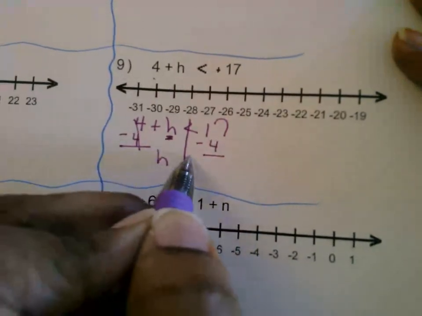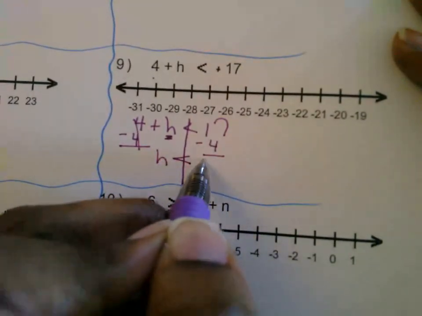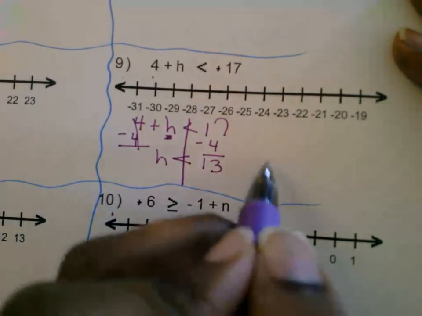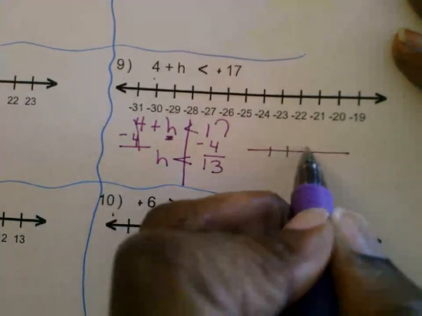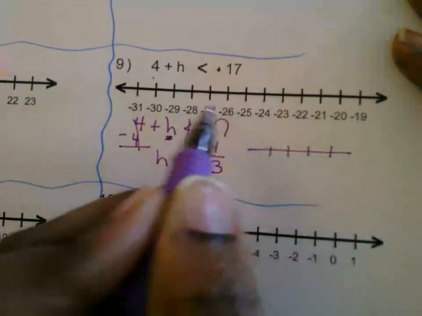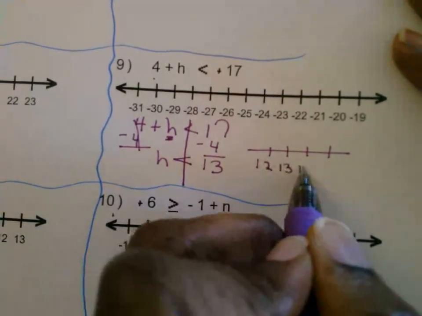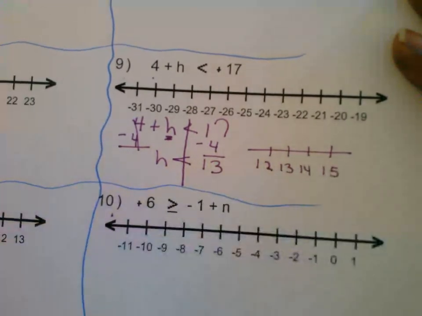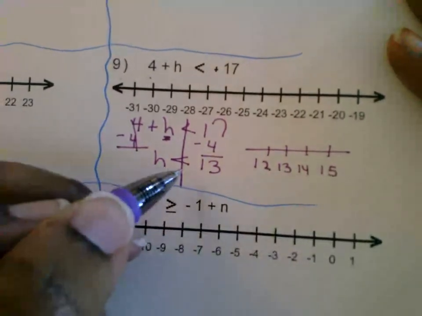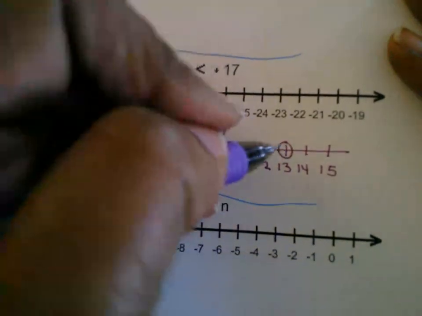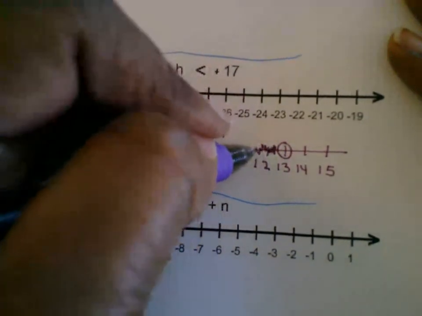That's going to leave h is less than 13. I am going to draw my number line because this one will not work. And I am going to put an open circle on 13, and I'm going to shade to the left.